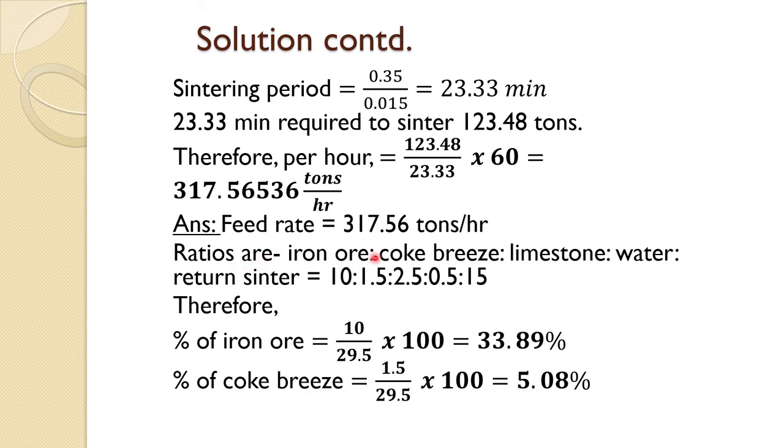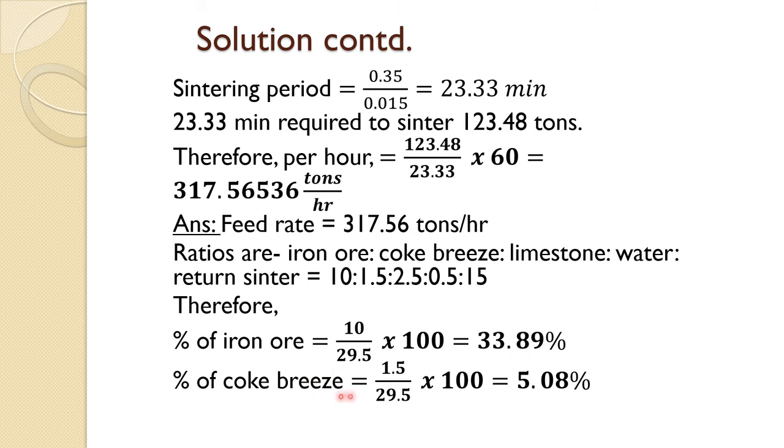Now, it is given that iron ore, coke, limestone, water and sinter return are in this ratio. So, iron ore in terms of percentage we can write it, total of these is about 29.5. So, percentage wise iron ore would be 34%.